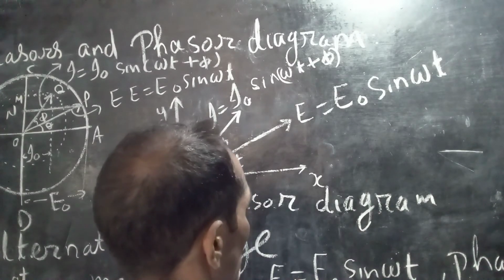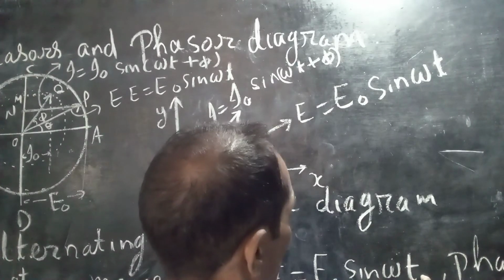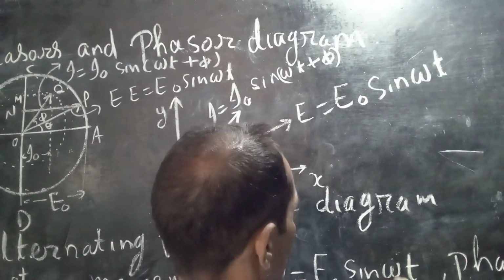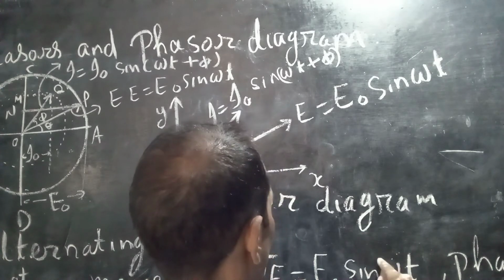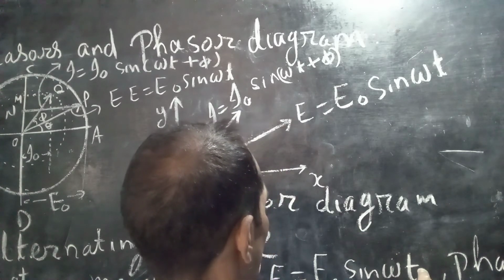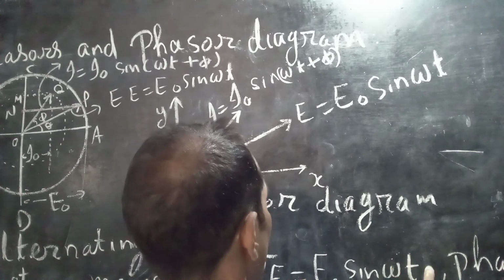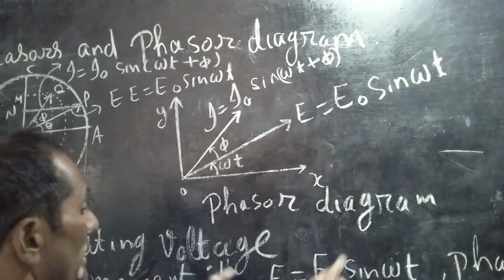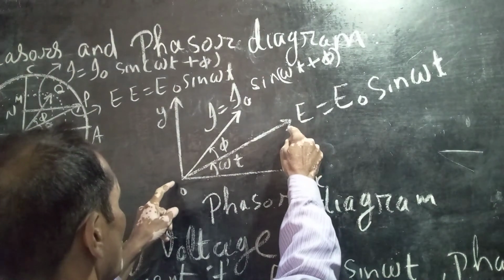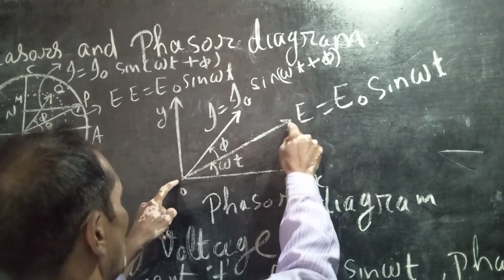E0 is the amplitude, omega t is the phase. This angle represents the position and direction of the electromotive force. To represent E, we draw a vector at angle omega t.